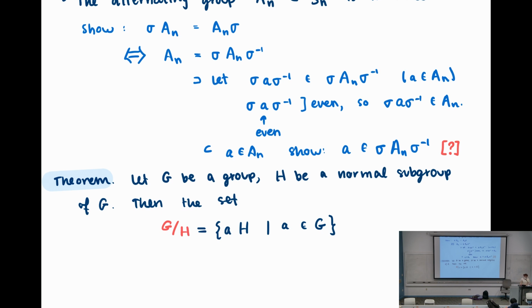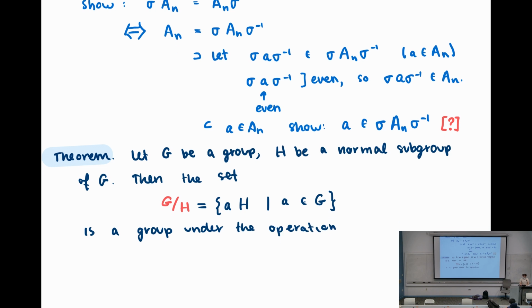So this set is a group under the operation aH times bH, so we have to know how to multiply two cosets.